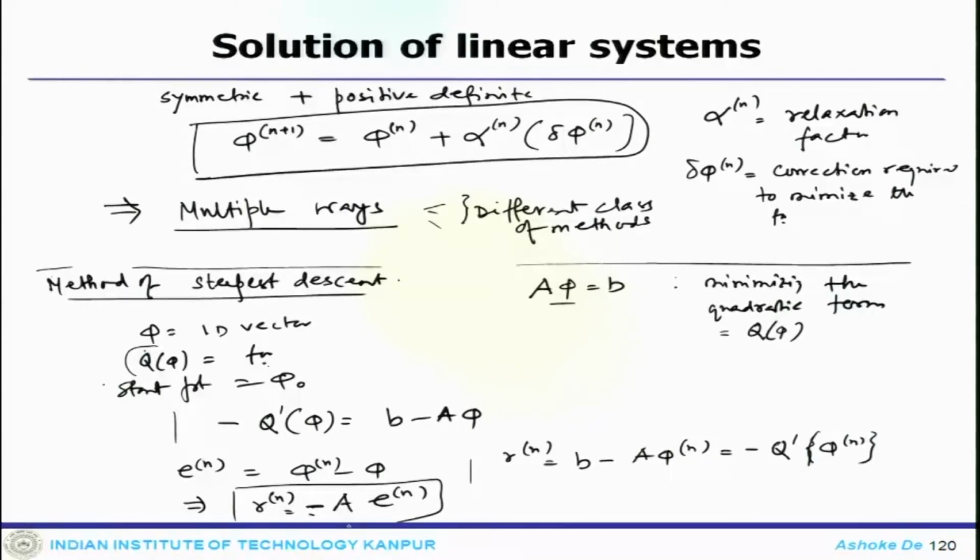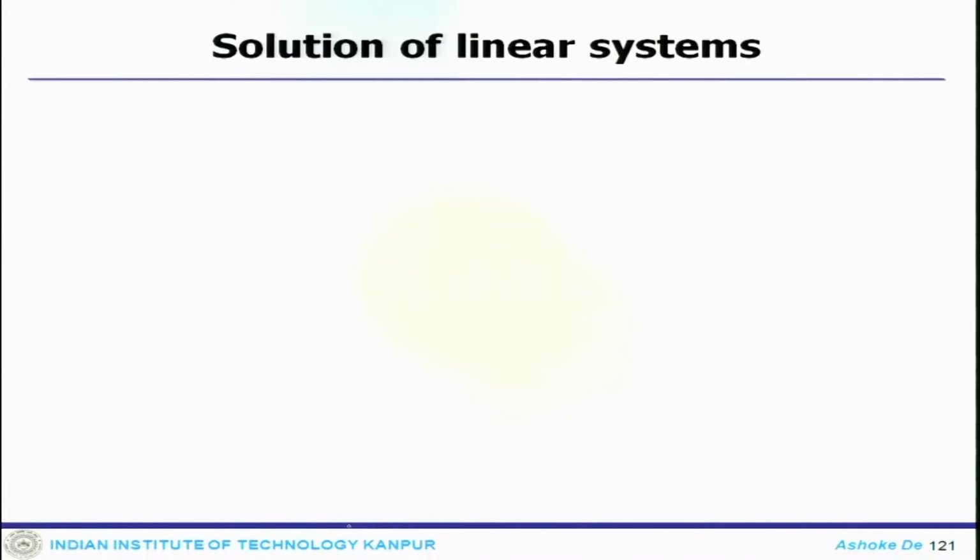Now you can move from one iteration to the next, and write phi n plus 1 equals phi n plus alpha n R n.